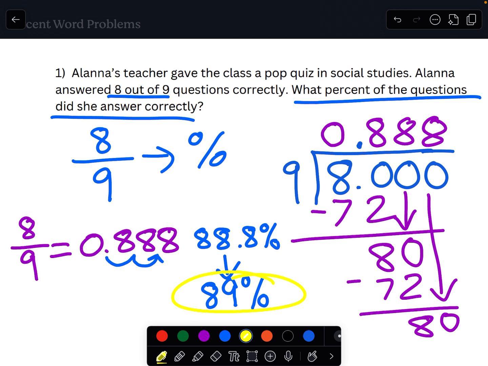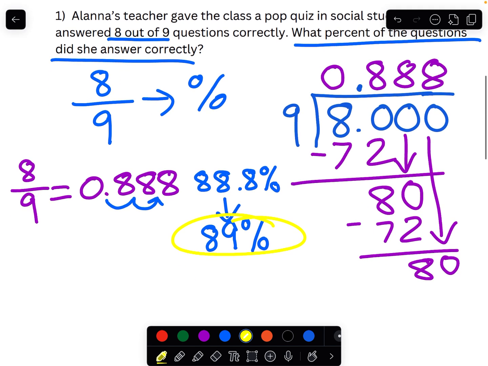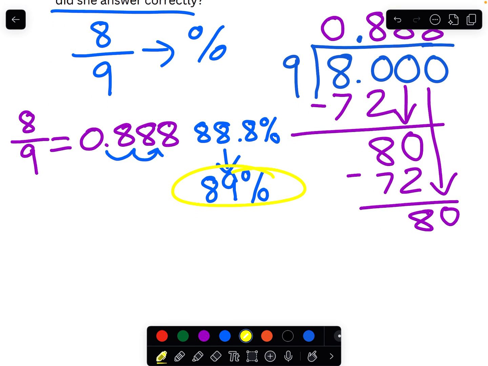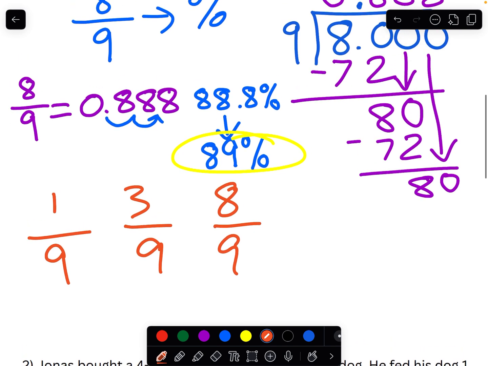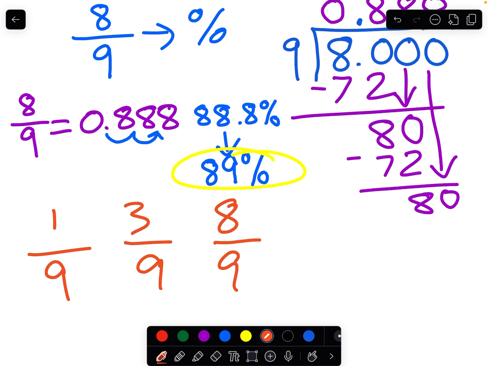So there you have it. Now, side note, and I'll just share this hack or trick with you if you don't already know this. Whenever you have a fraction with a 9 on the bottom, let's say 1/9, 3/9, 8/9, but not 9 over 9, that's different, to convert it to a decimal, it ends up being the numerator repeated over and over again.